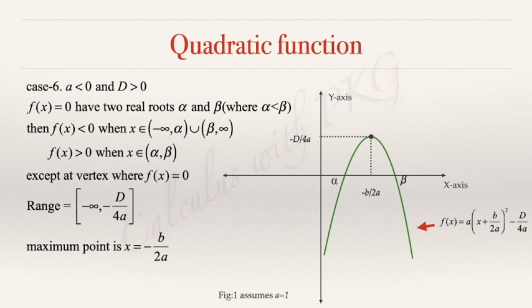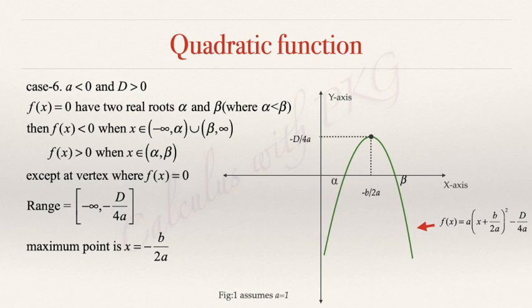Since d is greater than 0 and a is less than 0, the fraction d by 4a becomes negative, and since it is multiplied with a negative sign, ultimately the whole fraction becomes positive. Now, can you say why the graph is open in the downward direction? Yes, you are right, because here a is less than 0.